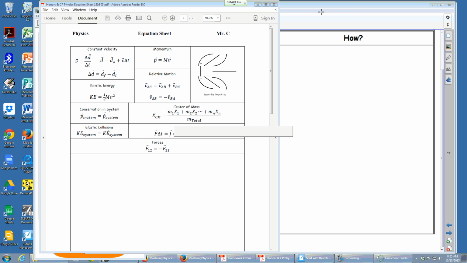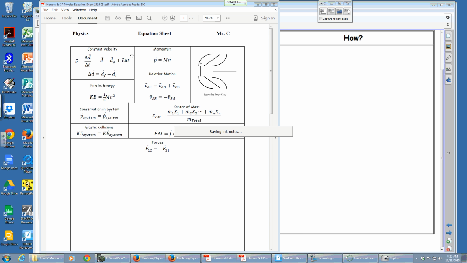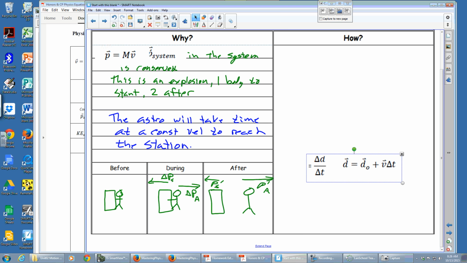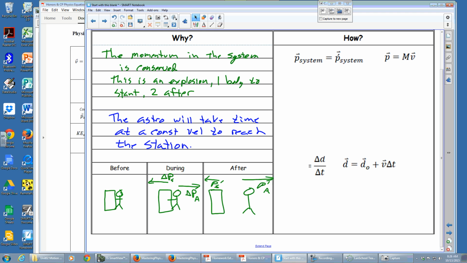And I know eventually we're going to need it, so I'm going to grab that one in a very poor manner, but put that like here. All right, so I know the momentum before is 0. So what's the total momentum after? 0.